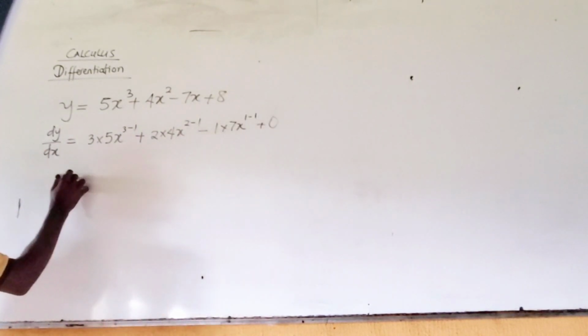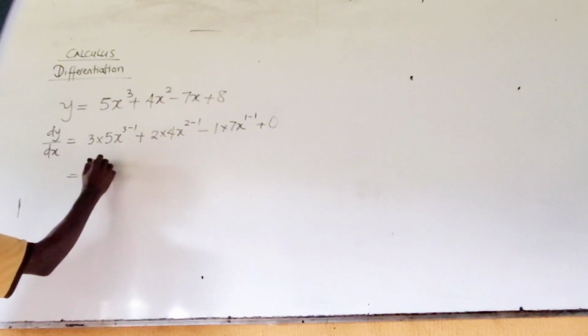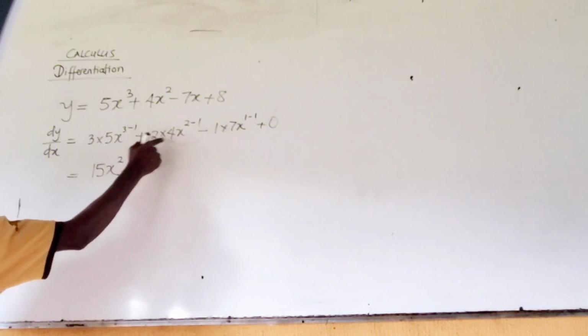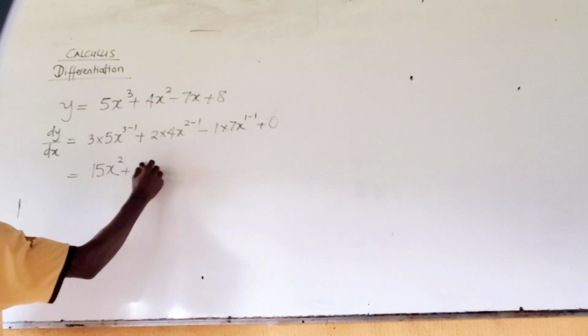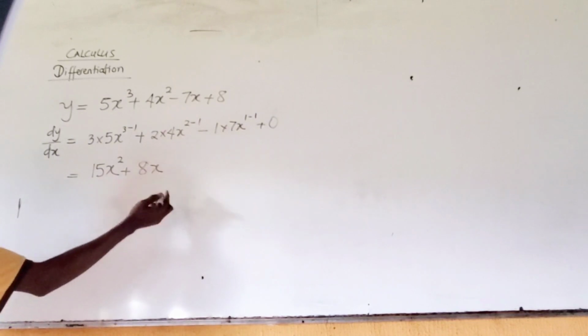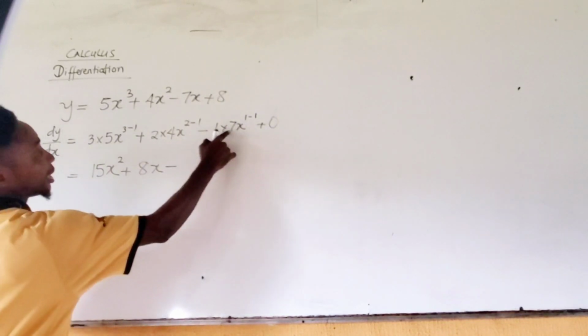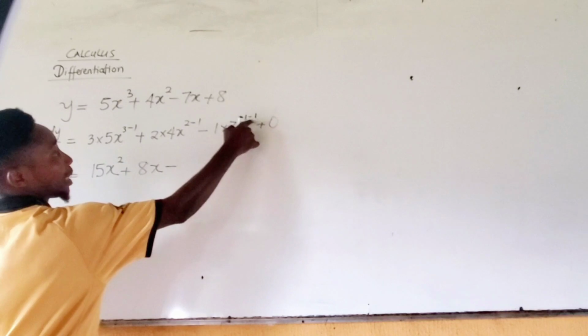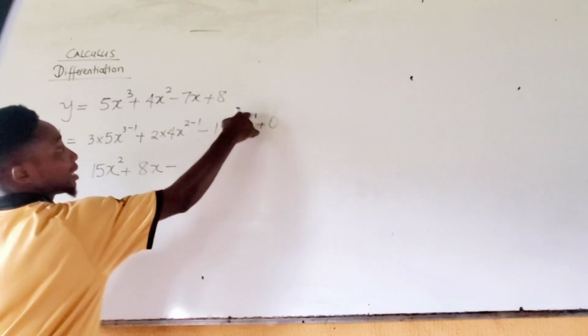0. So this becomes 3 times 5x, 15x. 3 minus 1, 2. 2 times 4x, 8x. 2 minus 1, 1. So the same thing as 8x. Minus, we have 1 times 7 here, 7, then x. 1 minus 1 is 0. x raised to the power 0 is equal to 1.